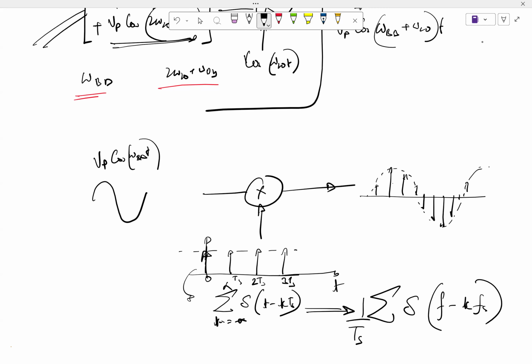So essentially, this is telling us that you are getting multiples, a whole bunch of other frequency components also. And the fact that you are multiplying also makes this a time varying operation, right?